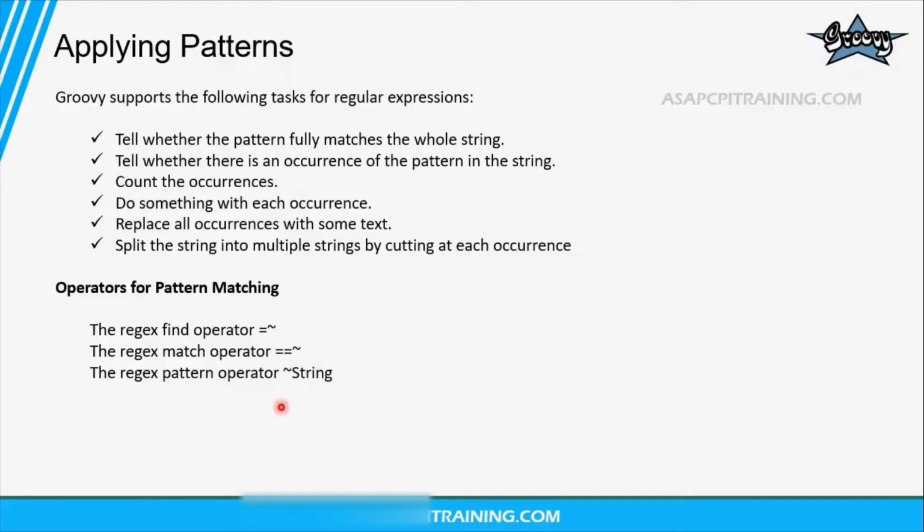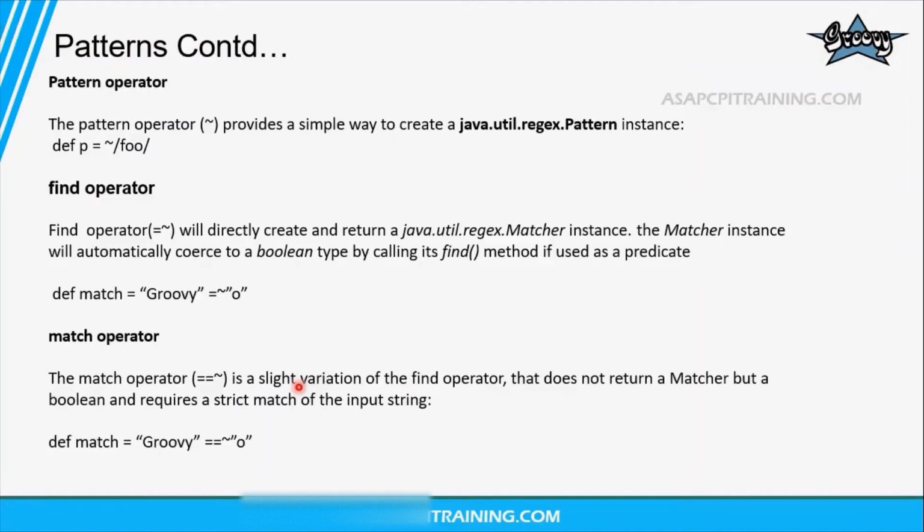Then we have the regex pattern operator, which doesn't do anything except convert; it provides you an instance of the Java Pattern class. It converts any string into a regular expression. You just write tilde and your string, and it treats that string as a regular expression. So these 3 operators we have for pattern matching purposes.